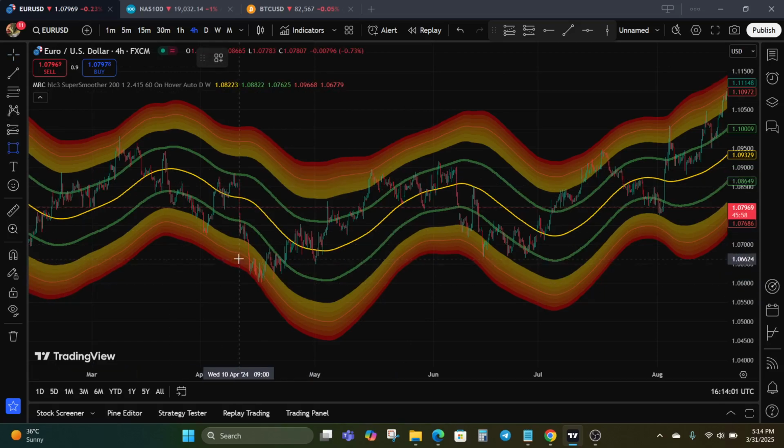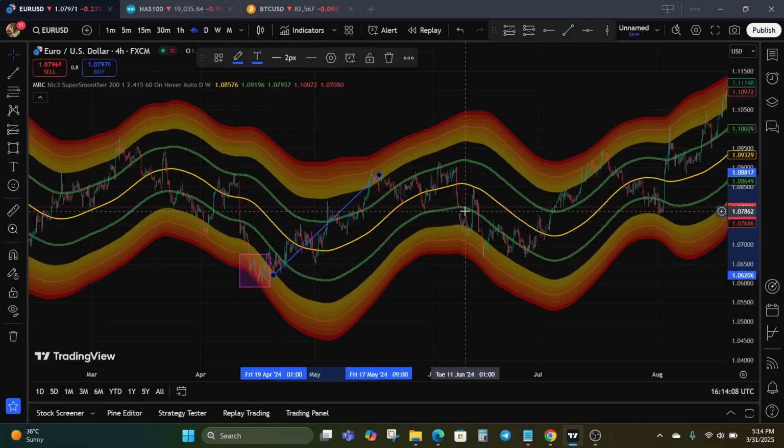So we had an oversold condition around here, and you can see that it actually was a good buying opportunity, and the price climbed up. So this strategy is great for ranging markets where price bounces between support and resistance.